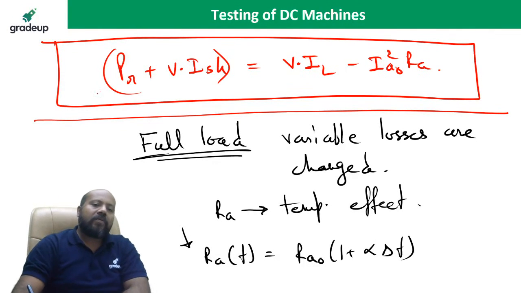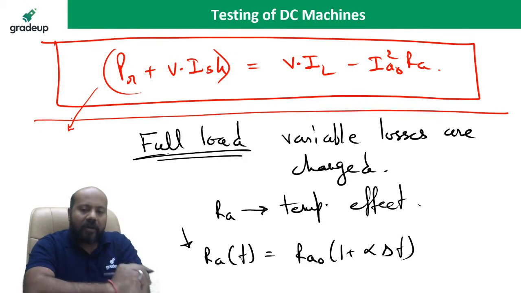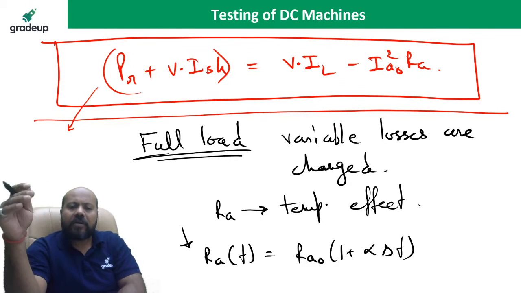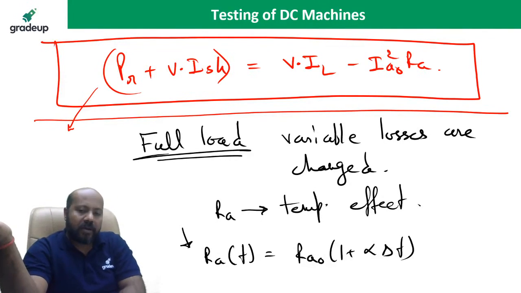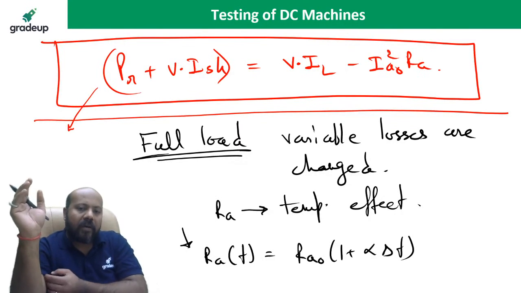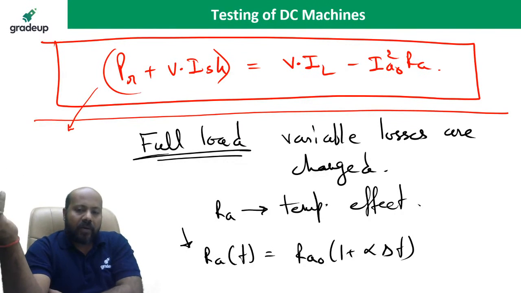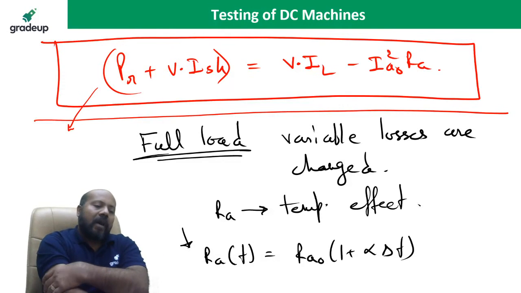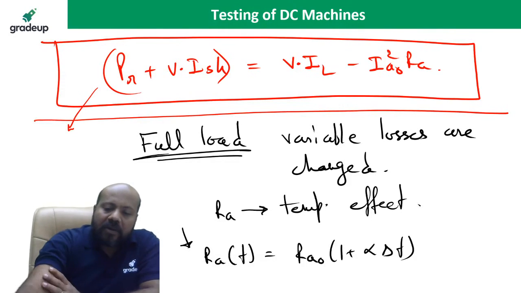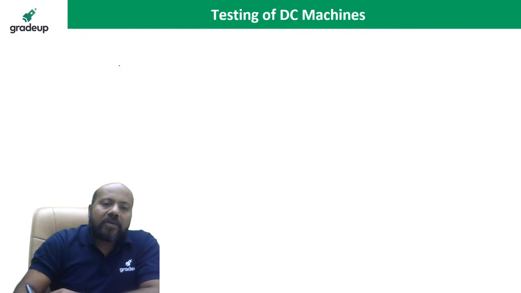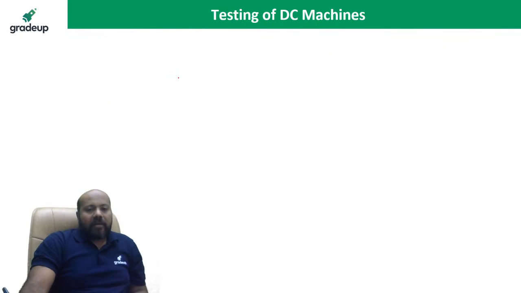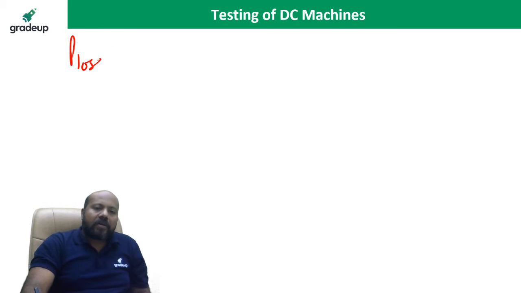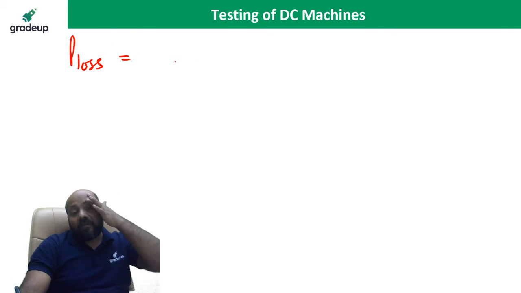So our intention was that we will calculate the constant losses first, and variable losses you can calculate for any load condition. For full load condition or any other load condition, you have to take the effect of temperature to have the modified value of the armature resistance, and by using I square RA you can find the variable losses. For example, you want to find the losses in case of full load condition.